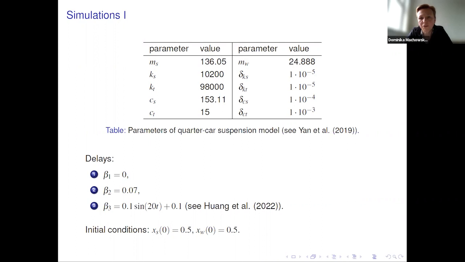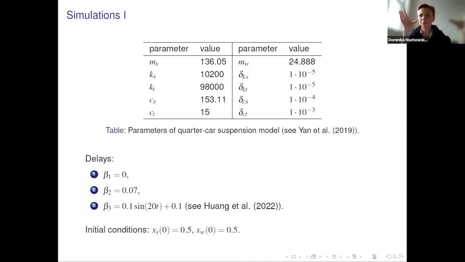And our first question was, is it possible to analyze only the constants Ks, Kt, Cs, and Ct? I mean, using differential games tools, is it possible to change Ks, Kt, the control strategies, in such a way that we get a safer and more comfortable car?